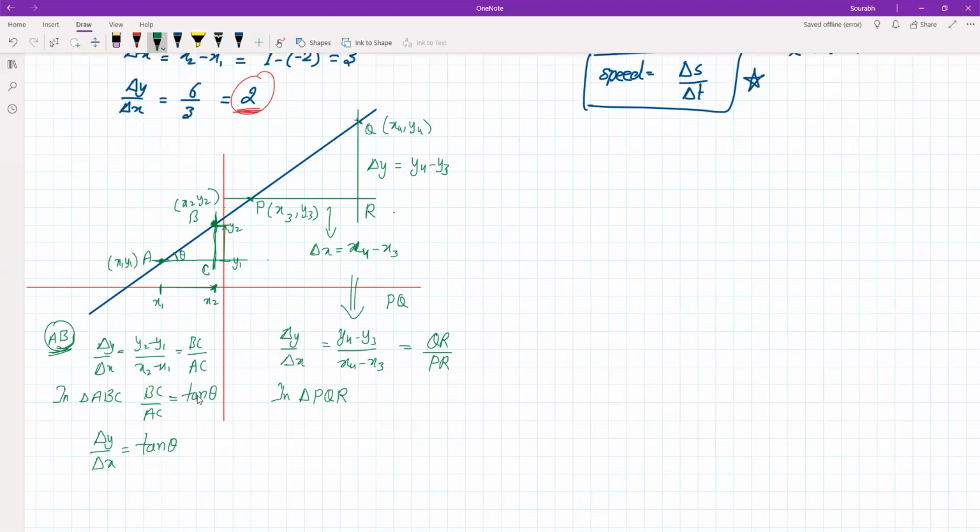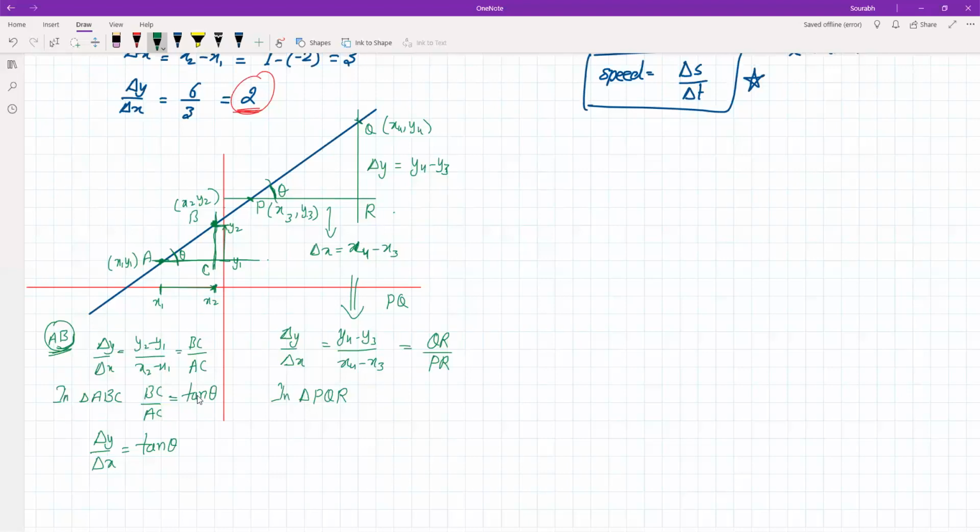and before going there, what about this angle? If this angle is theta, is this angle also theta? Because this line AC and this line PR, they are parallel to x-axis. And this blue line is actually the transversal.